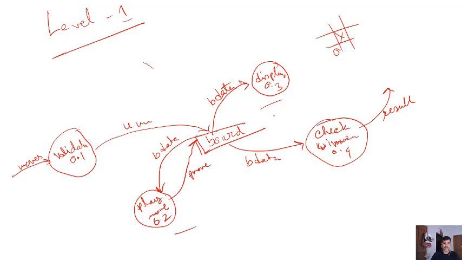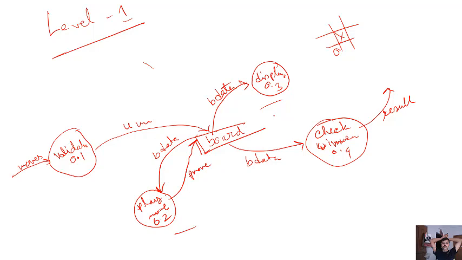Okay, and when you draw any DFD, the processes may be defined differently from one person to another person. The process name may be a little bit different, but the name of the process should be meaningful, which is the functionality actually.